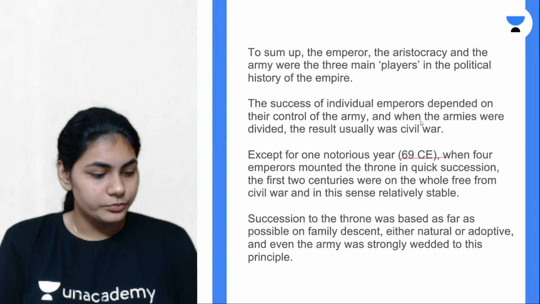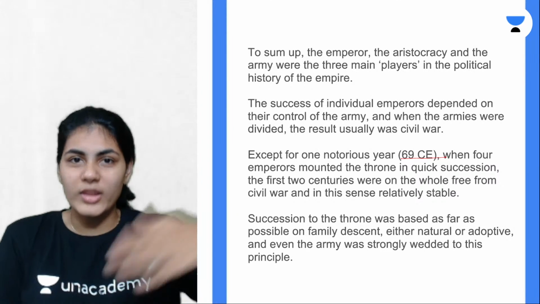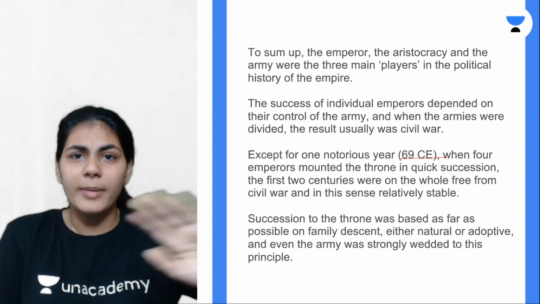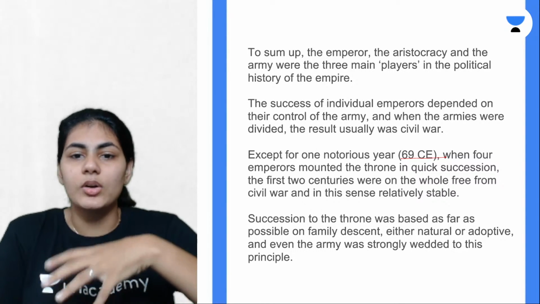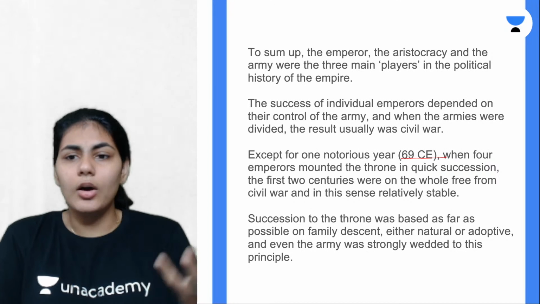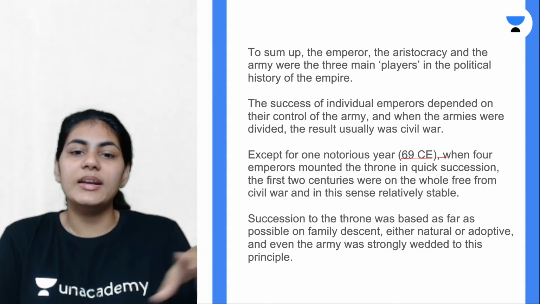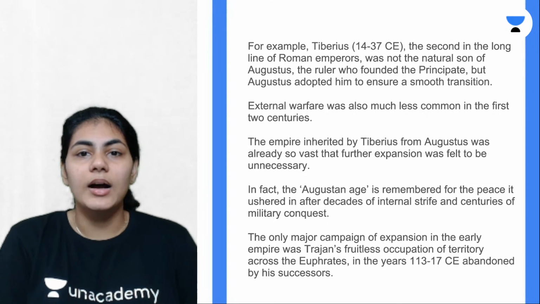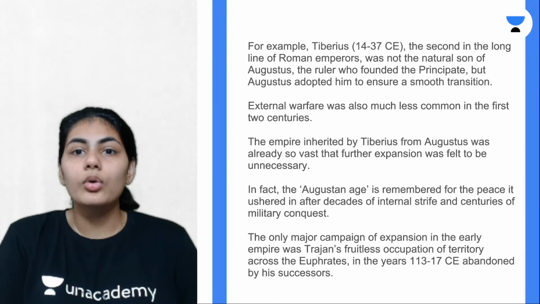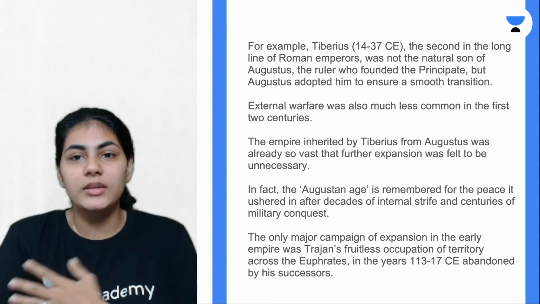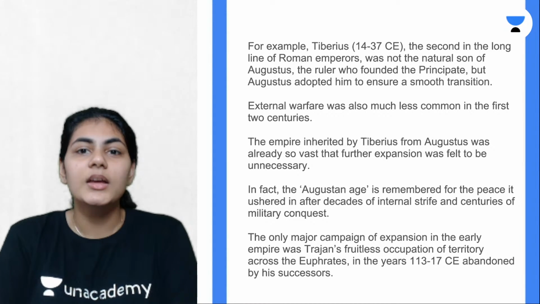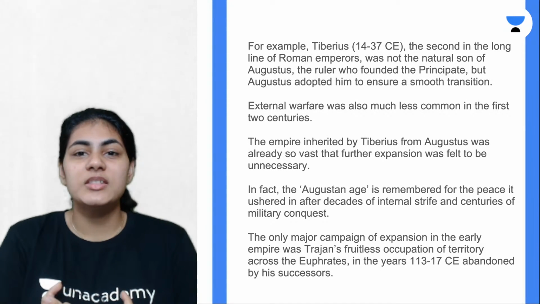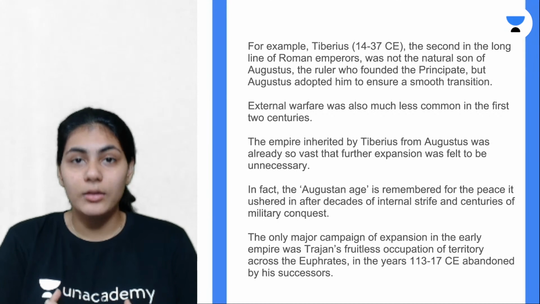Usually when the emperor dies, it's from his own family that the next emperor comes up. Basically, succession to the throne is inheritance or descendancy, either natural or adoptive, it doesn't matter, but it's definitely from within the family. We'll look at one example: the ruler Tiberius, who ruled from 14 to 37 CE. Tiberius just succeeded Augustus, which means Tiberius is second in the line of Roman emperors.